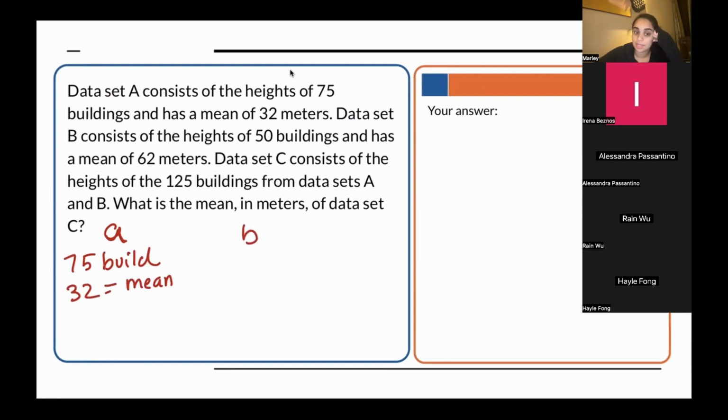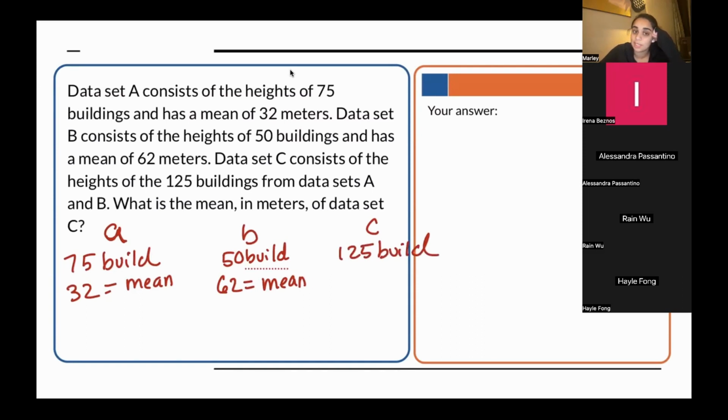Then we have data set B, which consists of 50 buildings and the mean is 62. Now we have data set C, which has the heights of all the 125 buildings, so 75 plus 50, from data sets A and B.